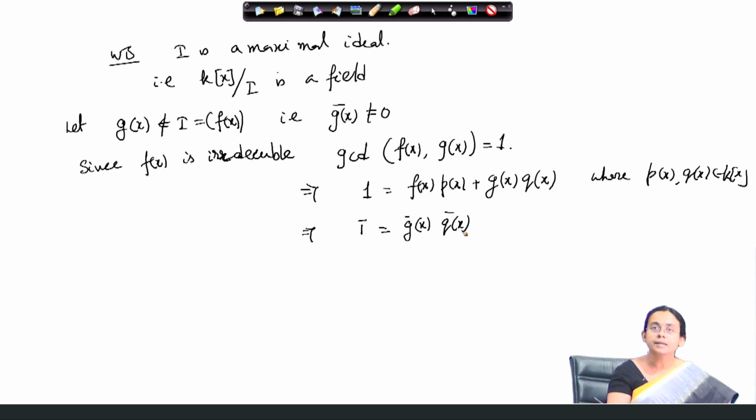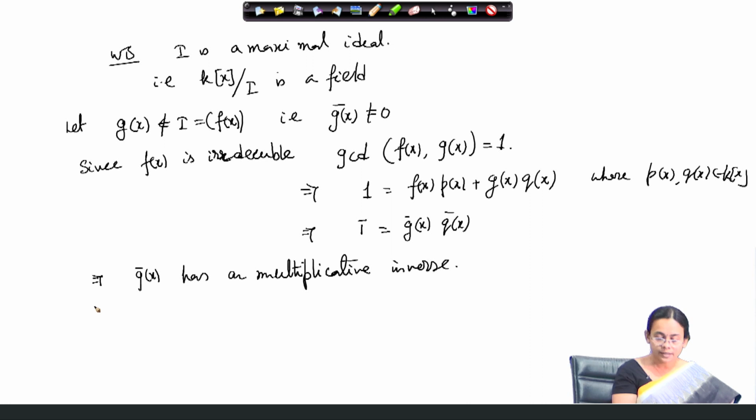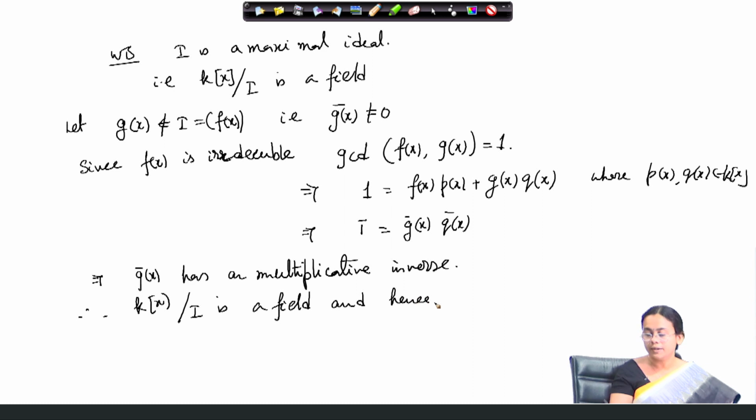So, this says that q bar(x) is the multiplicative inverse of g bar(x). Therefore, every non-zero element has a multiplicative inverse in the quotient ring. Therefore, this quotient ring K[x] quotient I is a field, and hence the ideal generated by f(x) is a maximal ideal.